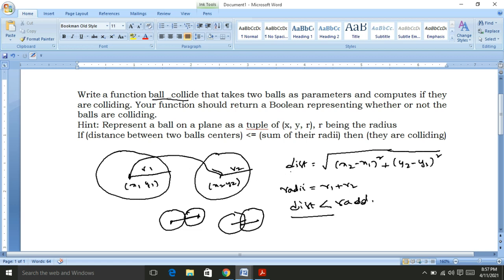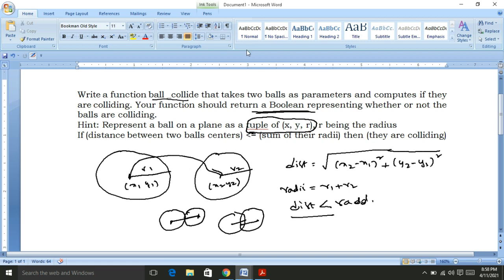Here he also gave one more tip: consider the values of the two balls as a triple where the last parameter is r, and he is also asking that we should return a Boolean value, that means true or false.